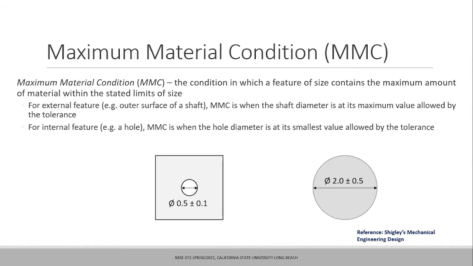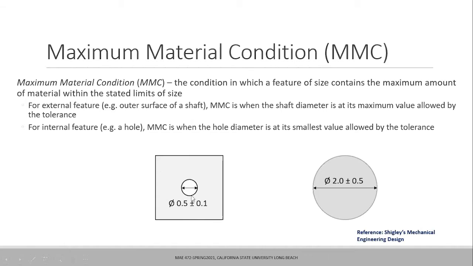Now, out of this, which part will have the most material in it? The one with the 0.4 hole, right? So what maximum material condition says is that when you have specified a size dimension, remember, this is a size dimension, it represents the diameter of a hole, and it has plus minus tolerances.